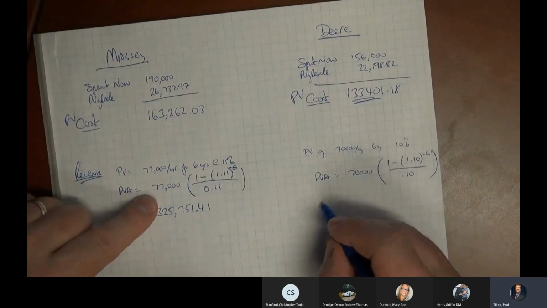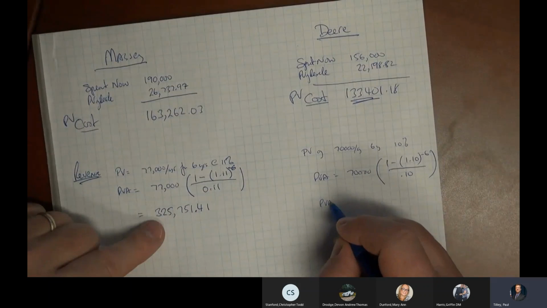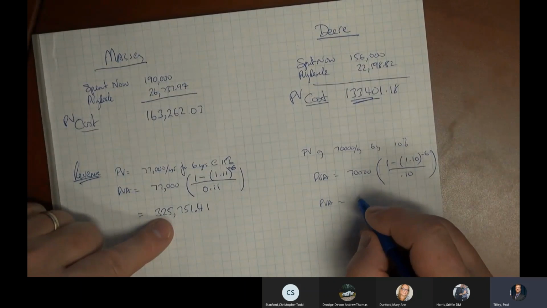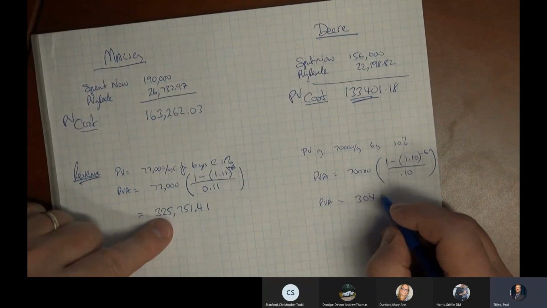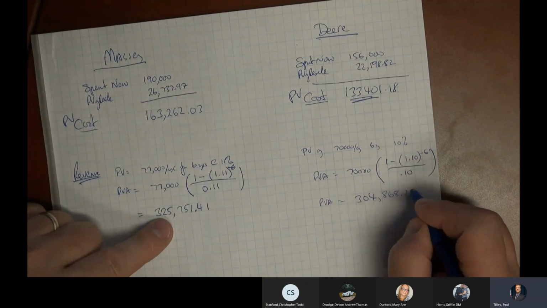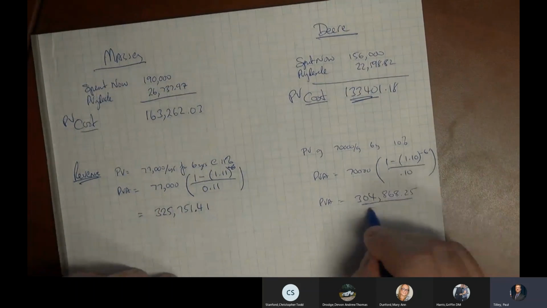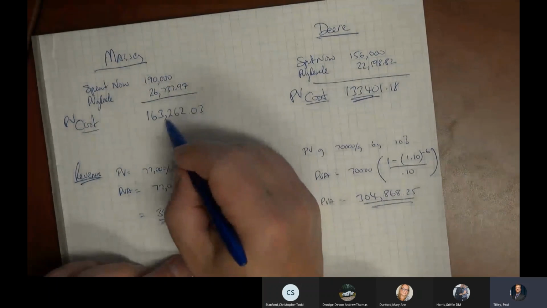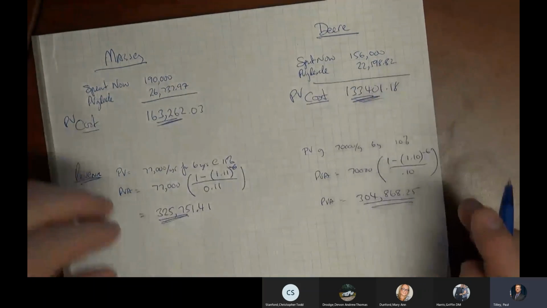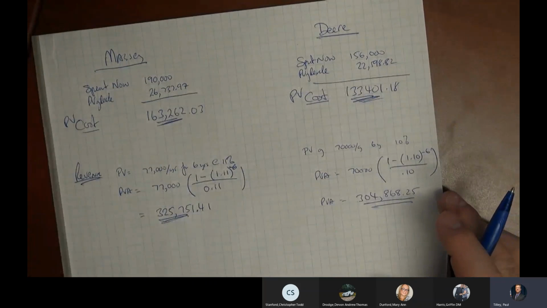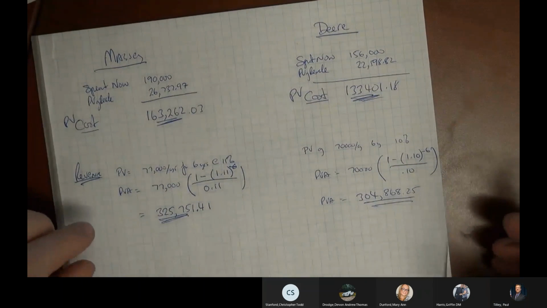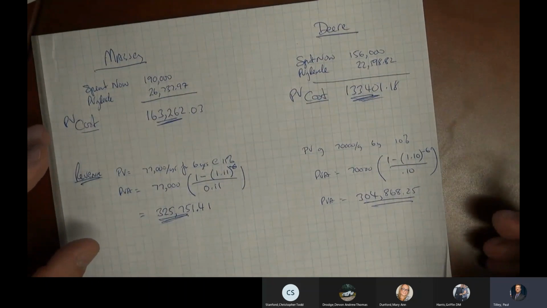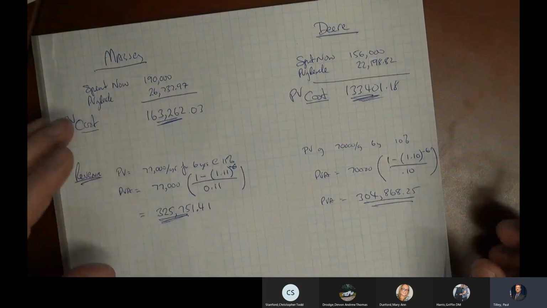And that will give us the present value annuity of $304,868.25. So we have now our revenue and we have our cost. So essentially we have to weigh one out against the other.